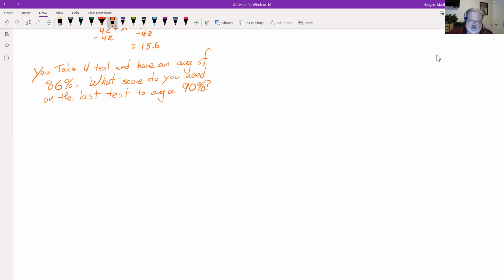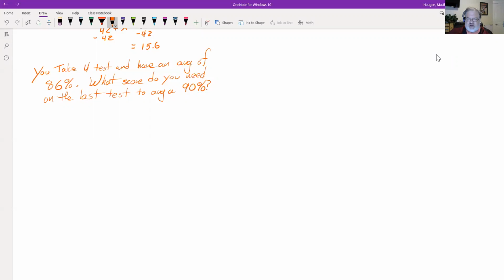And the problem with it being median is that even if we got a really high score on the last test, it probably wouldn't affect our median all that much, because the values don't matter when you're talking about median. So this is most likely a mean-based question.